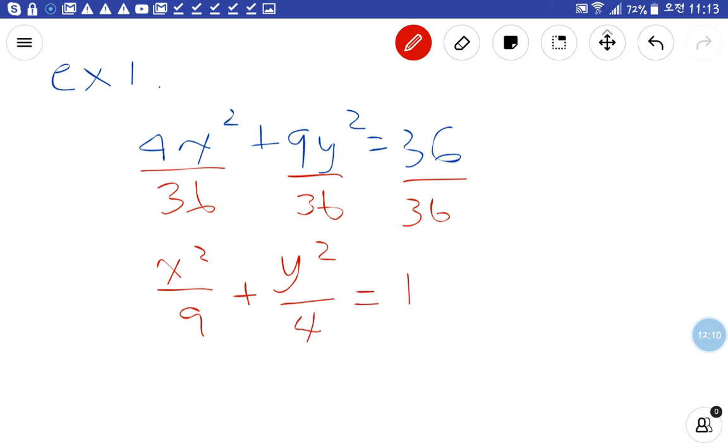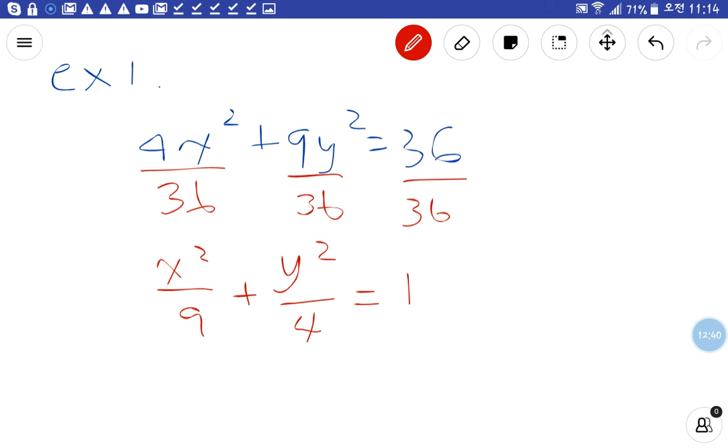Alright? That's our standard equation, but look, which one goes first? x squared goes first. And then look at which number is bigger, a or b. My bottom one, 9, is bigger. So your focal axis is going to be the x-axis.